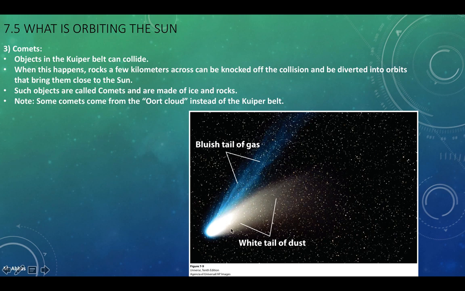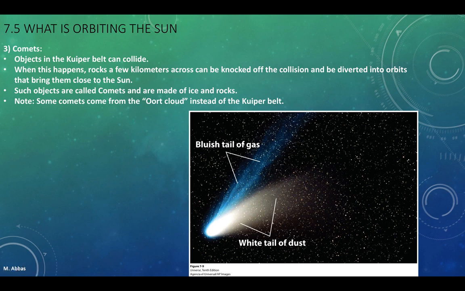This is due to the rocks being evaporated from the surface of the comet, which will be somewhere here, and then you will have another tail of gas. The bluish tail of gas here would be the ice that is being melted, again because this asteroid is moving towards the direction of the Sun. So this is the idea of comets.